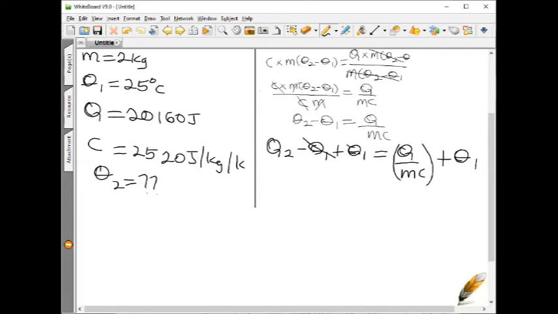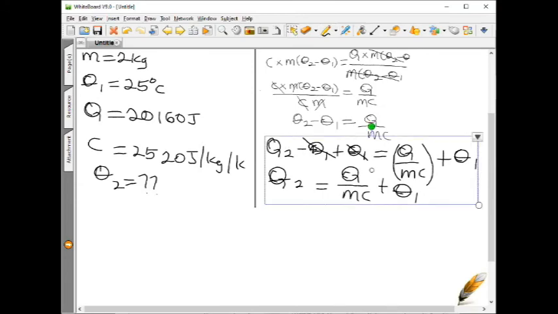And this we cancel out. So we'll be left with theta 2 equals Q over mc plus theta 1.